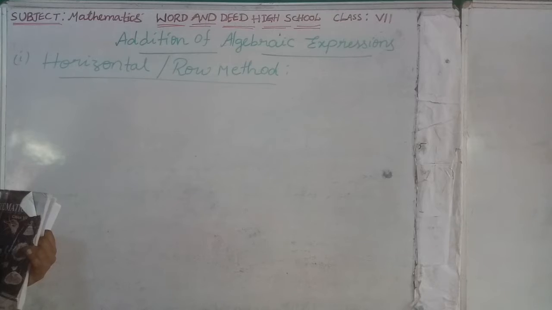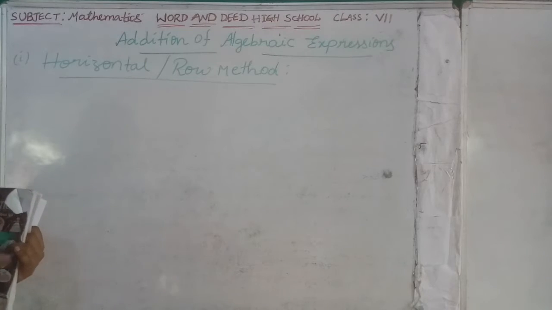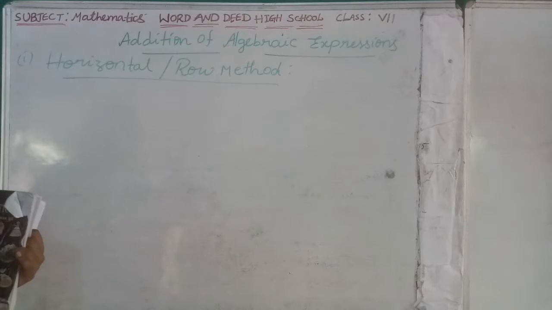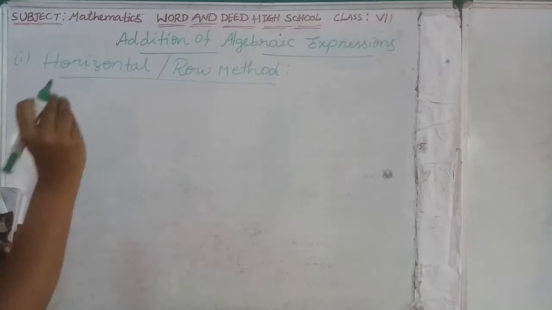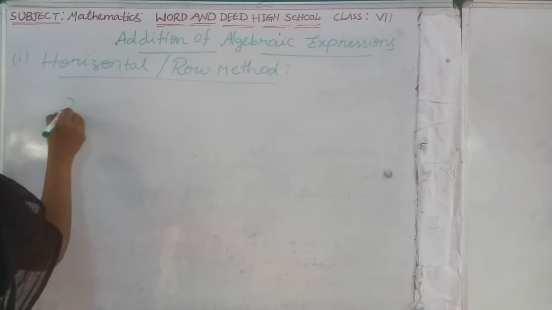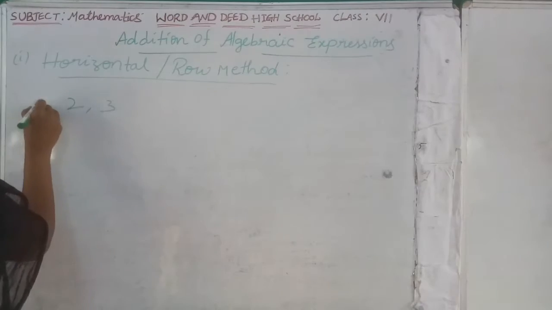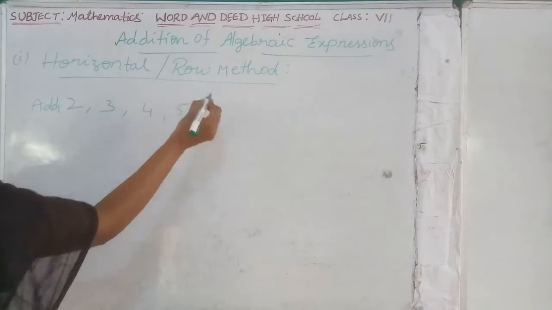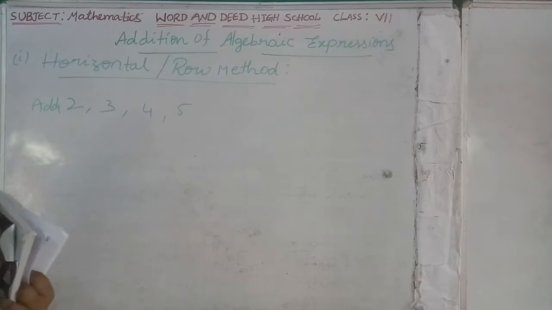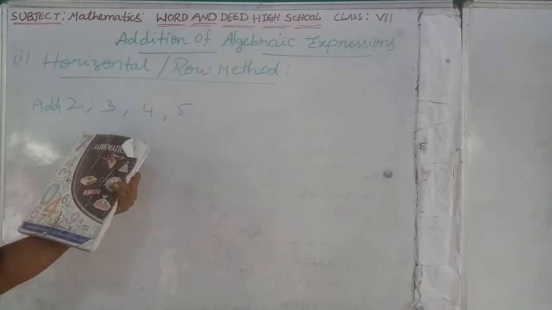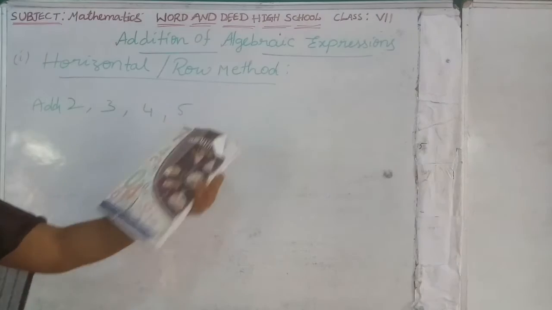When we know the like terms, we can easily add. Suppose first I am taking numbers, not algebraic expressions. Add 2, 3, 4, 5.